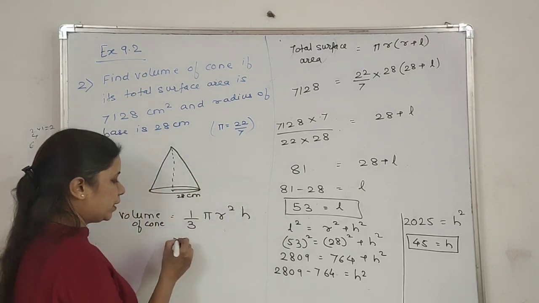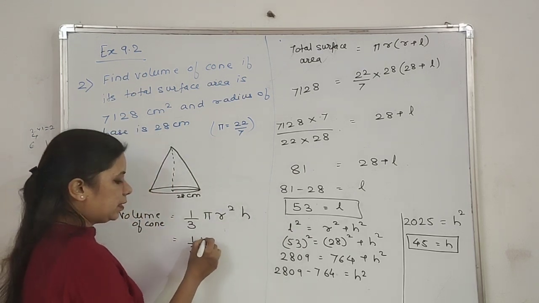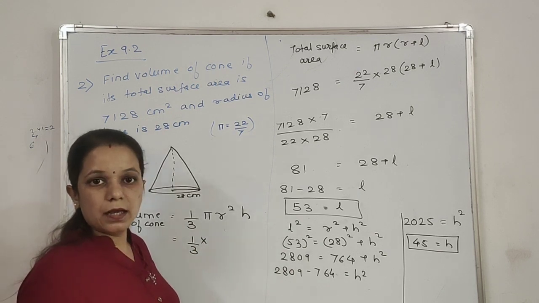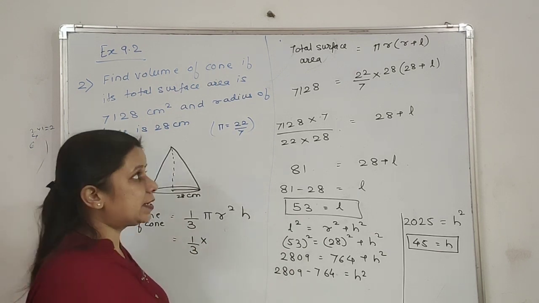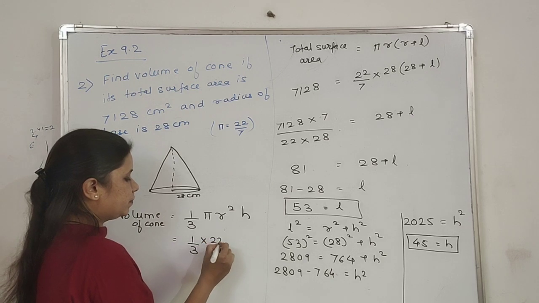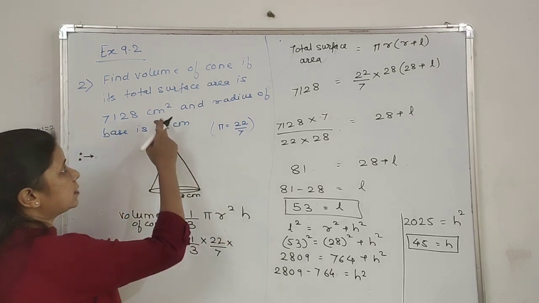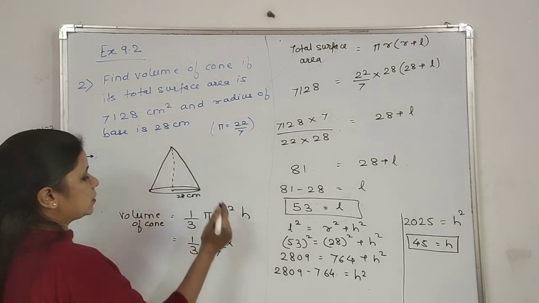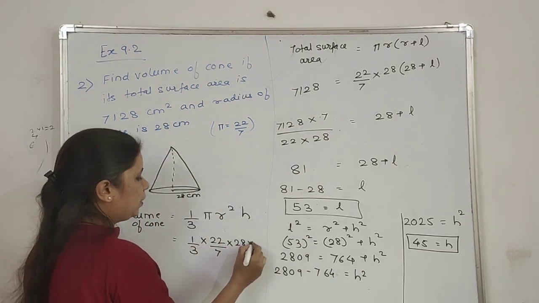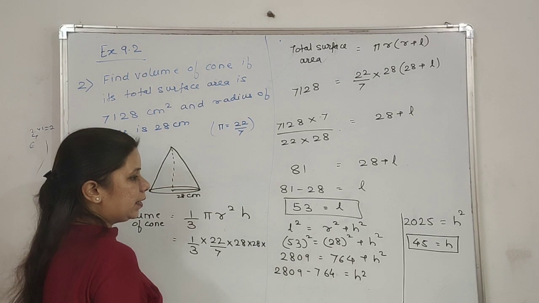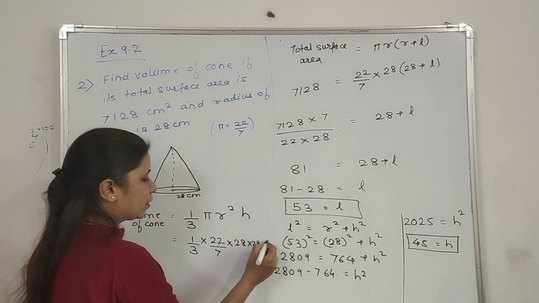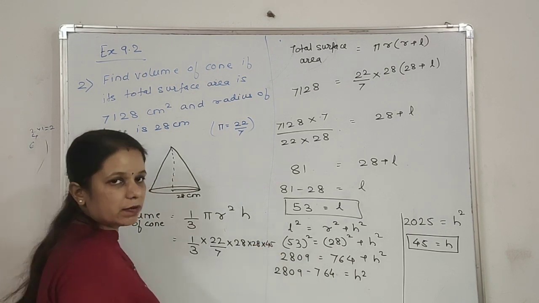Now we will just fill it out. 1 by 3 pi. The value of pi, we will take it as 22 by 7, into r square. Radius is given to you as 28 into 28, into height of the cone. We have calculated it as 45.